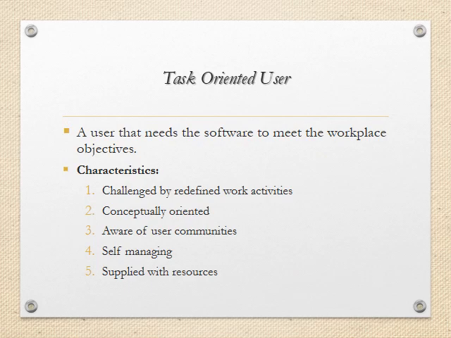The second type of users are the task-oriented users. Those are users who need the software to meet workplace objectives. They don't focus on the software menu items. They focus on what they need exactly from it, what features they need in order to perform their task.